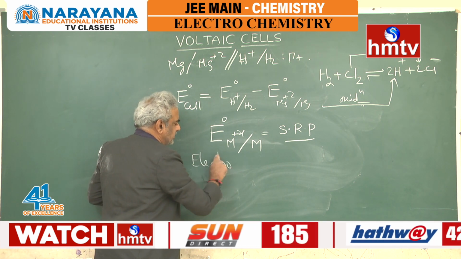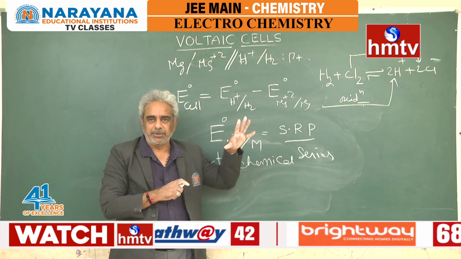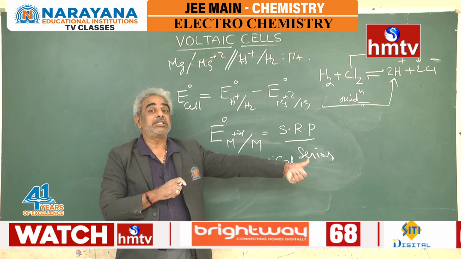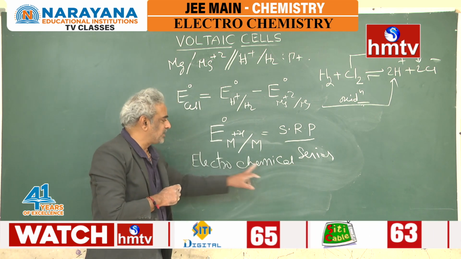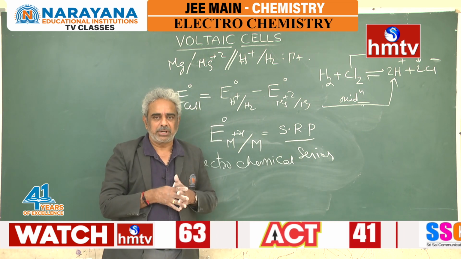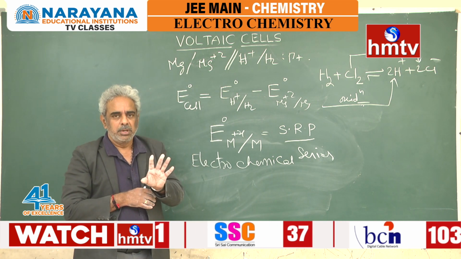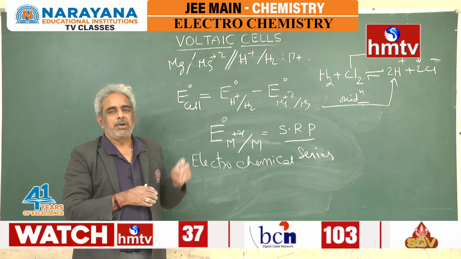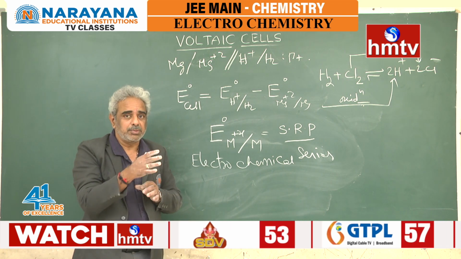electrochemical series. This plays a very vital role in chemistry, universally respected and accepted. And this consists of all possible electrodes in chemistry. If there is even a small electron exchange, you can make a half cell, and for that half cell you can calculate the standard reduction potential.